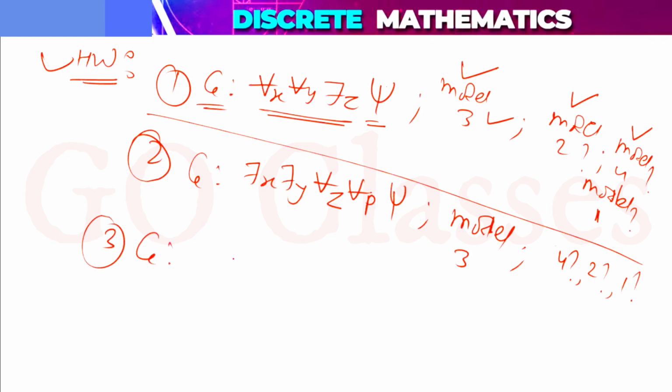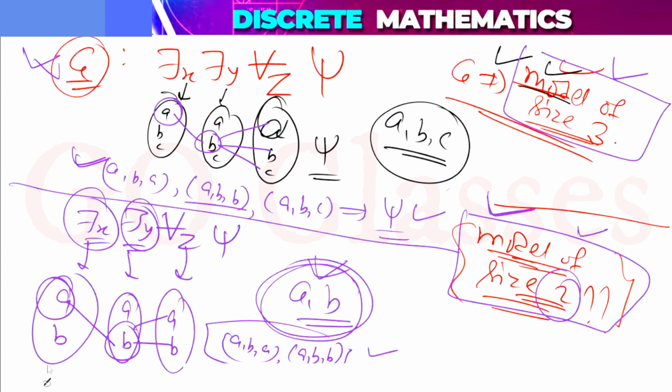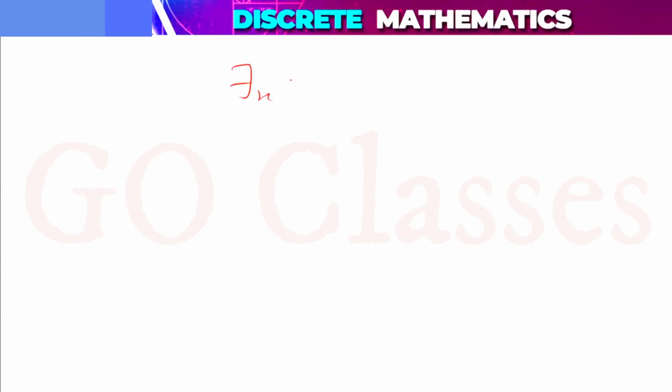Shashank, for this formula, for this type of formula, there exists x, there exists y, there exists z, there exists p, for all m, for all t.